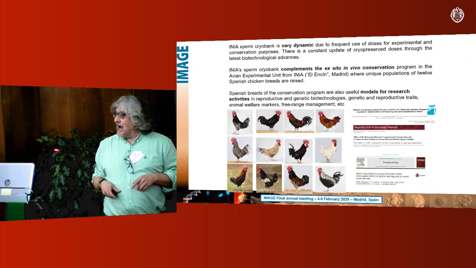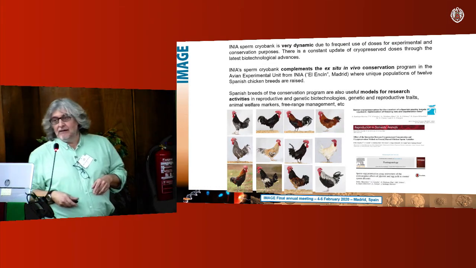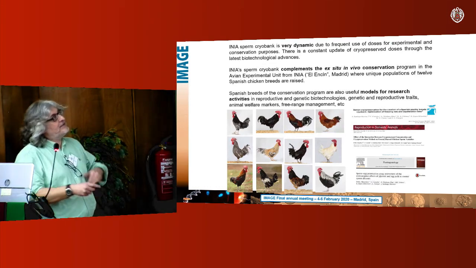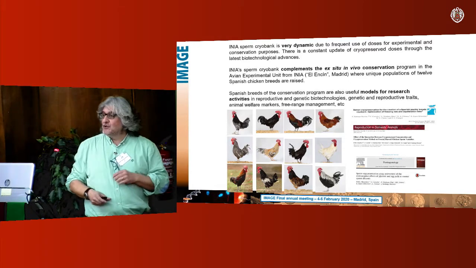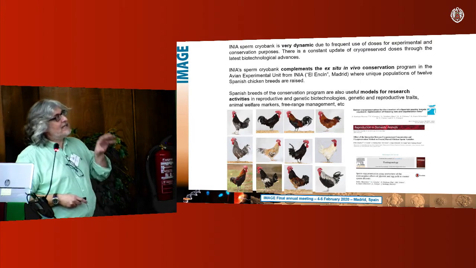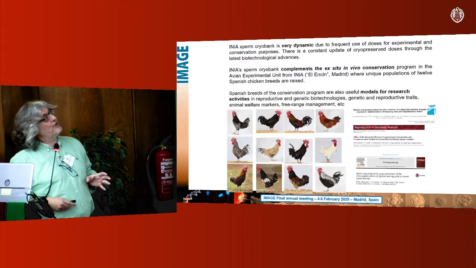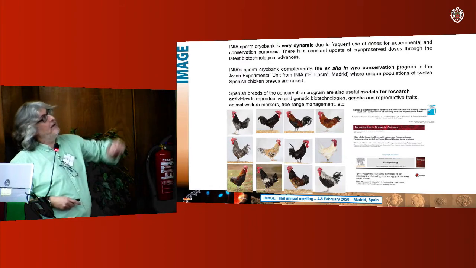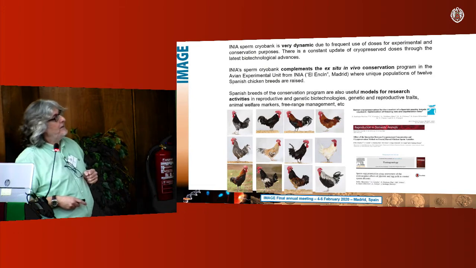It's a very dynamic cryobank because there is a constant update of cryopreserved doses using the latest cryobiological techniques. It's an excellent complement for the ex situ in vivo conservation program in the avian experimental unit of INIA in Algete.